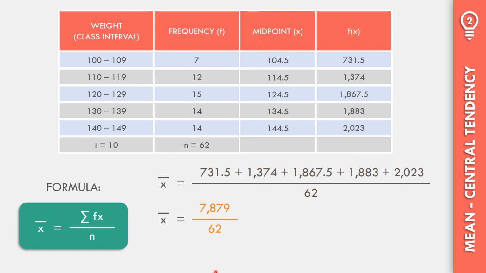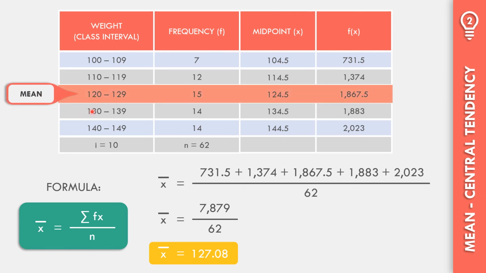If we add all, the value of the numerator is 7,879 divided by the value of n, that is equal to 62. So the mean is equal to 127.08. So 127.08 is between the class interval 120 up to 129.